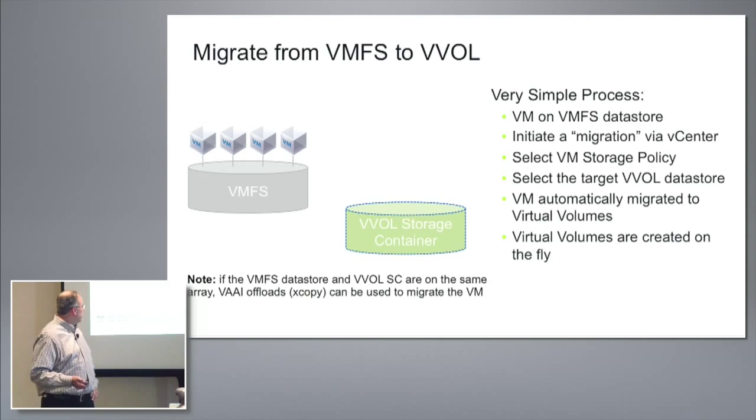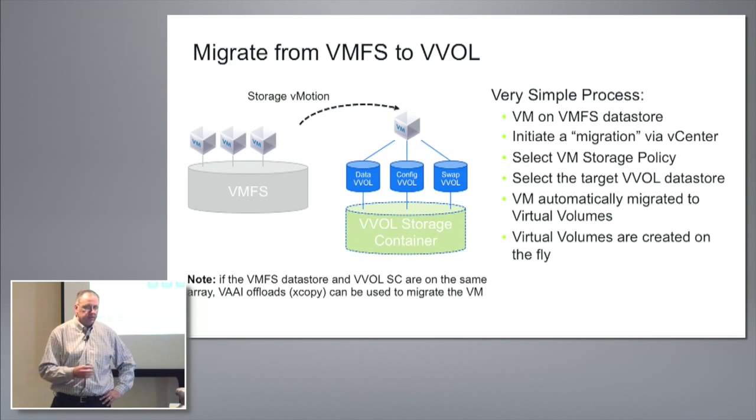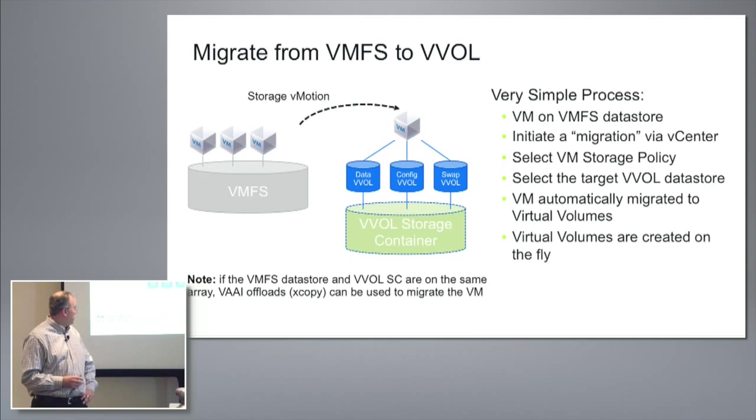And so in this example here, we would select a virtual machine and then migrate it with storage vMotion, and then it automatically provisions out the virtual volumes and constructs those on the VVOL storage container. Another note, sometimes you get questions around VAAI support.